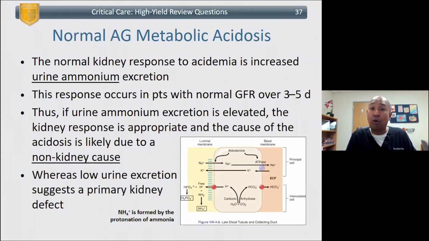So when you do the formula for the urine anion gap, urine sodium plus the urine potassium minus a huge urine chloride, the urine anion gap is going to be what? Negative. So it means that the GI tract is probably the etiology. And of course, we always could say when the urine anion gap is negative, always think about GI tract diarrhea.